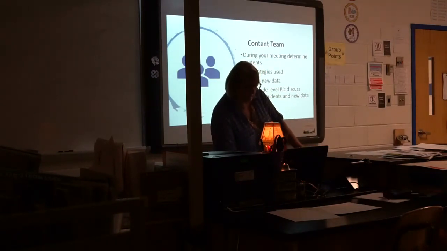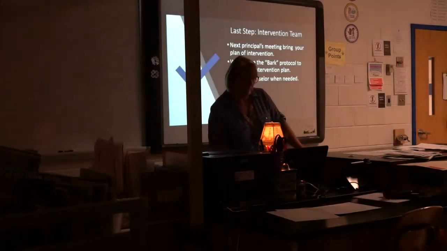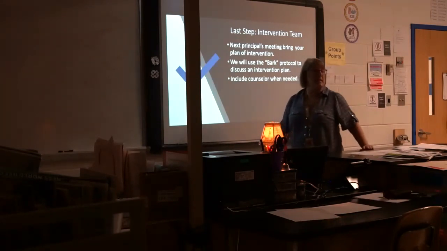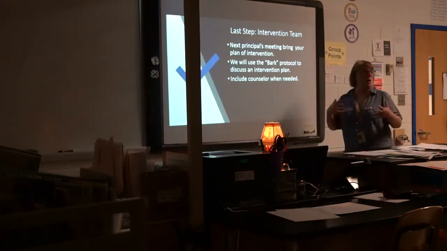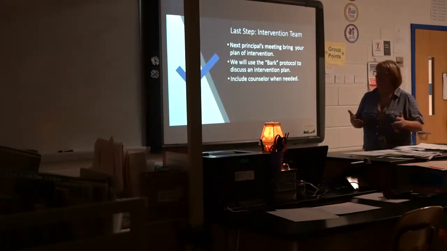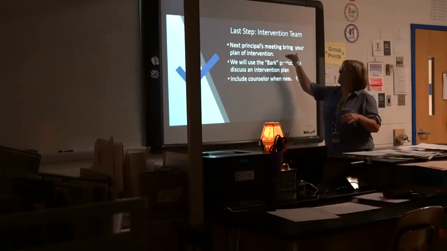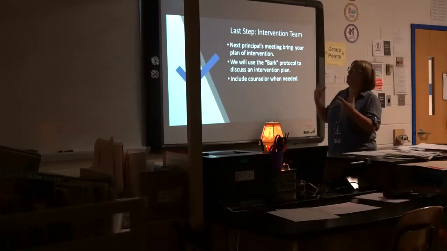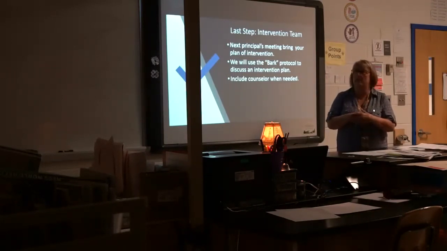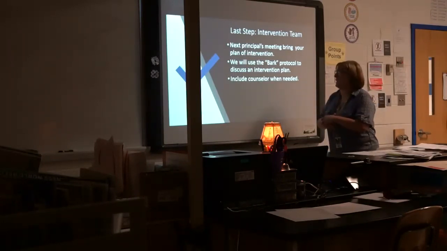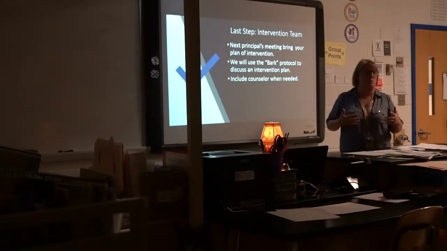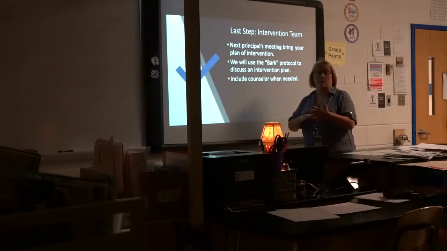Then our last step is going to be going to that intervention team. So we've done all this different remediation, okay? And nothing seems to be working with the students. So next time with our principals meeting, you're going to bring your plan of intervention to it. And you're going to say to the intervention team, hey, we have this list of students that we have contacted parents about.